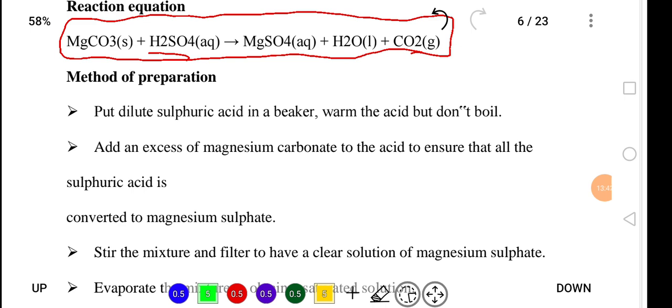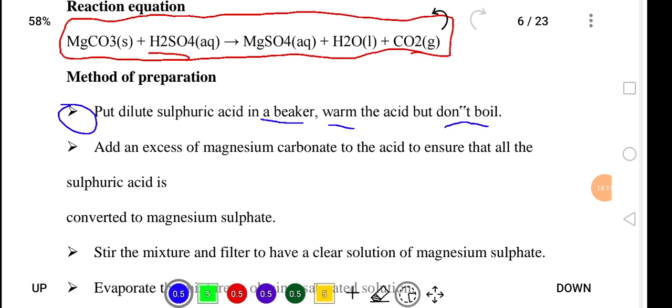But the procedure is going to remain the same, as you are going to observe in my explanation. So we are going to start with putting sulfuric acid in a beaker, and we need to make sure that we warm the acid but not boil it. And the same scientific explanation is going to be given.